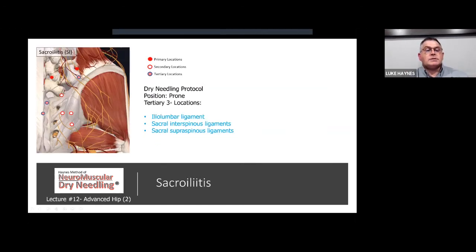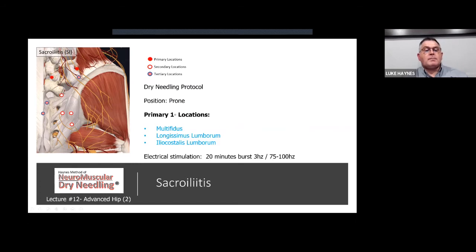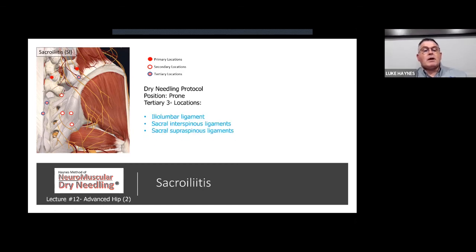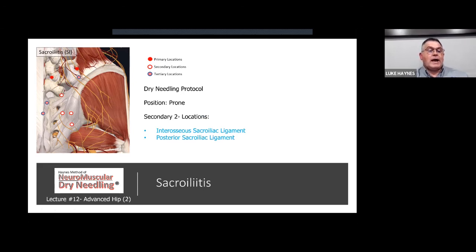Primary locations are going to be the multifidus, longissimus, and iliocostalis. We're just going to go after the muscular piece. We're going to be in that area. It's very difficult to differentiate sacroiliitis and separate it from our lumbar, our lumbosacral issue. So we're going to start with our muscular piece. Secondary, we're going to go to the interosseous sacroiliac ligament and the posterior sacroiliac ligament.